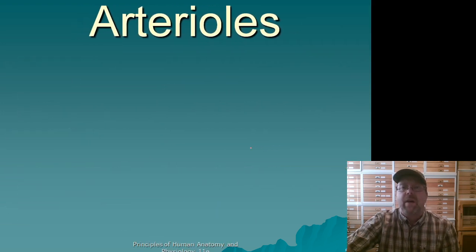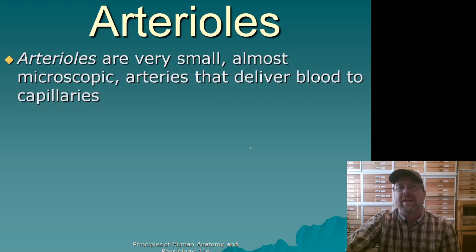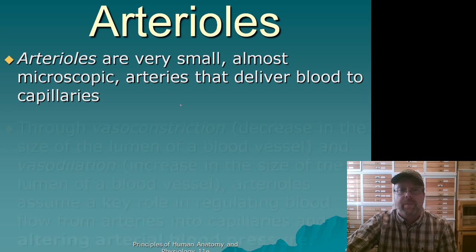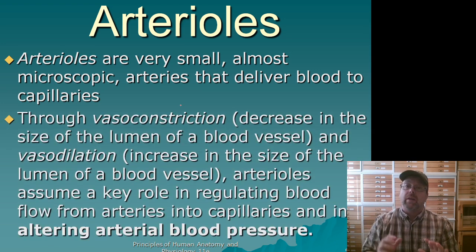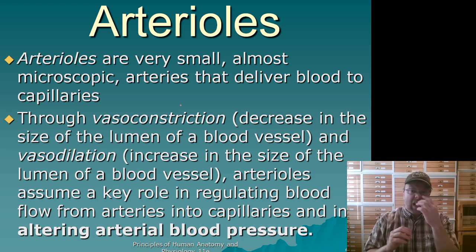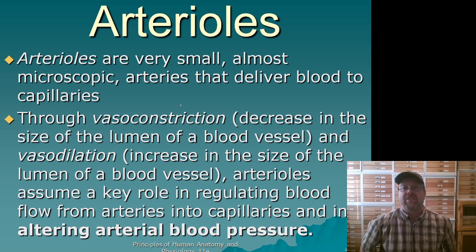Now, as these muscular arteries get smaller, they become arterioles. So it says arterioles are just very small, almost microscopic arteries. And they are really good at vasoconstricting and vasodilating. So when we need to alter things like blood pressure, let's say our blood pressure is too low and the body needs to raise blood pressure, one of the ways that we can do that is we can vasoconstrict the arterioles.